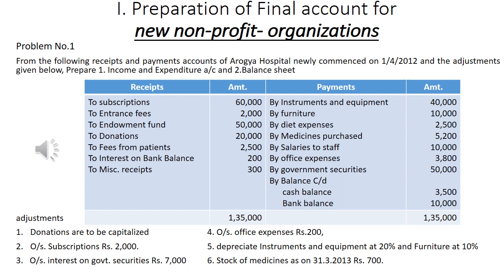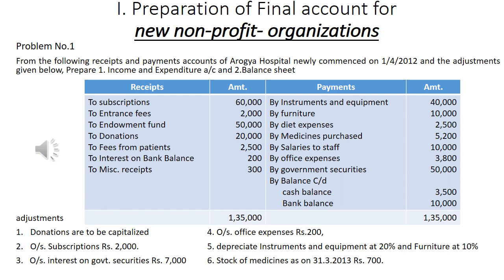Next one, outstanding office expenses. It is an expense still to be paid, so that will become our liability. So on the debit side of the income and expenditure account, office expenses, we have to add 200 rupees, and that has to be shown under the liability side of the balance sheet. Depreciate instruments and equipment at 20% and furniture at 10%. This is nothing but depreciation.